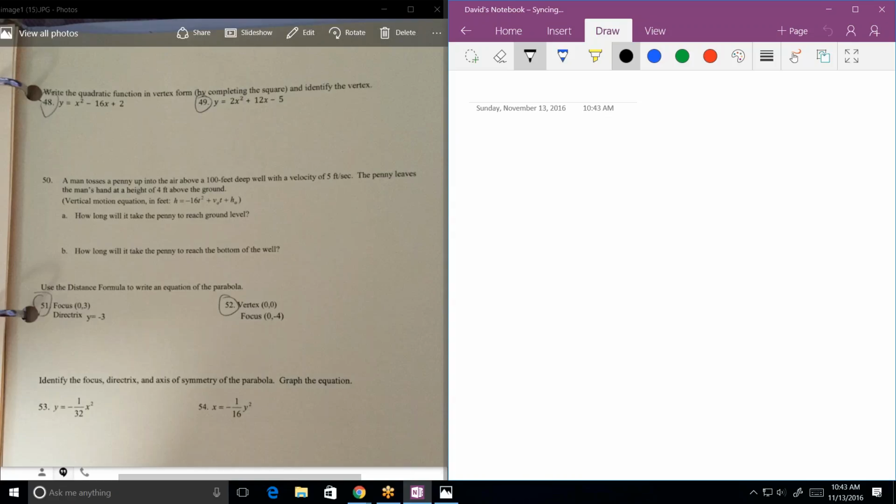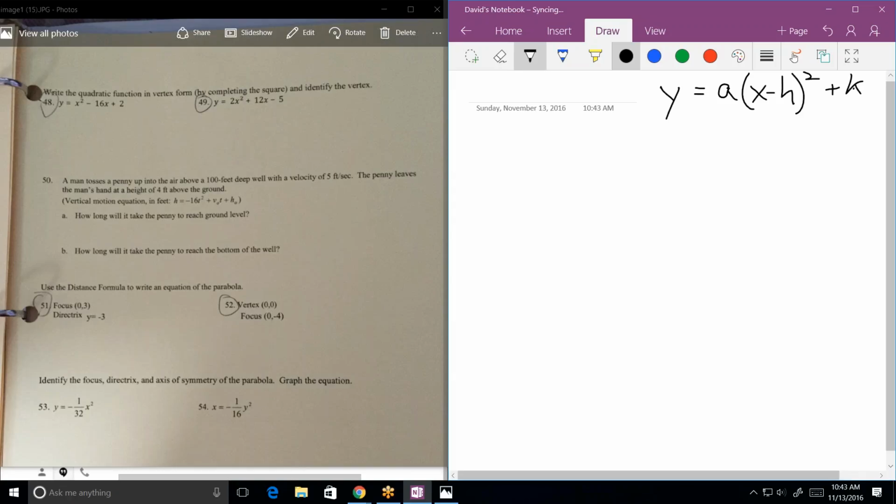Okay, I'm going to keep erasing that format because I want you to memorize it, and I want you to draw it out of your memory. So, what is it again? Y equals A, parenthesis, x minus h squared plus k. Incidentally, that is the best way to memorize anything.